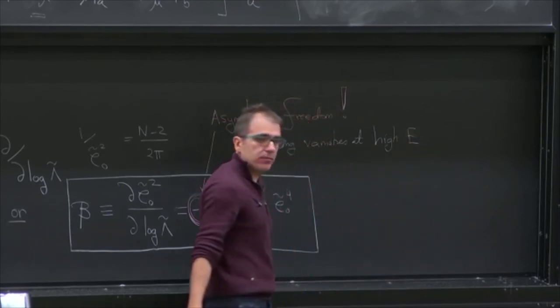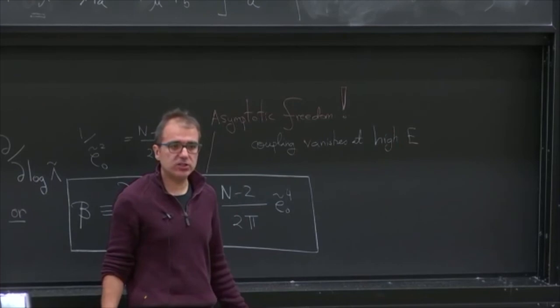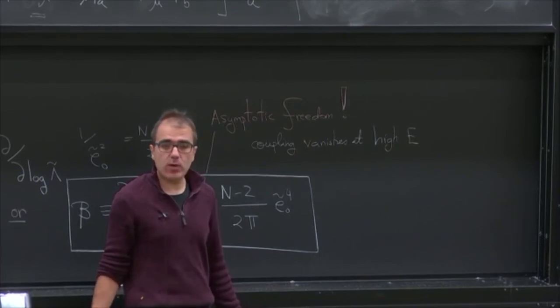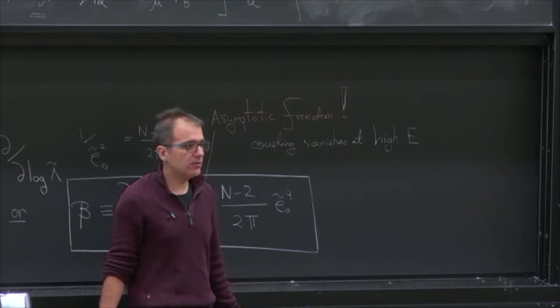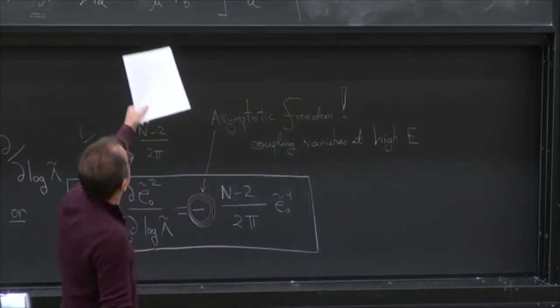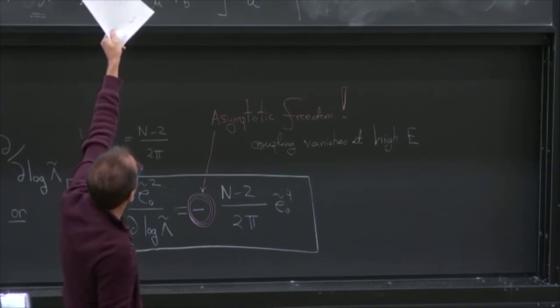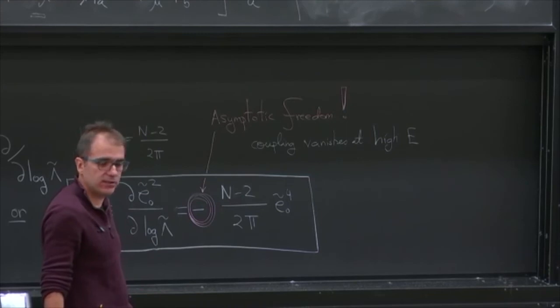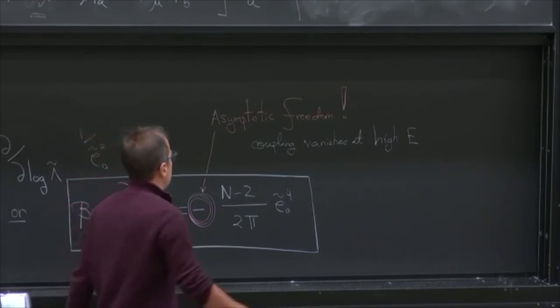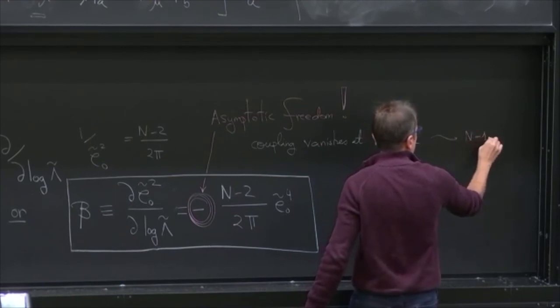That's the freedom. You go to the UV and this coupling effectively vanishes. And that's why in the UV we go to n minus 1 free scalars. If the coupling goes to 0, after you rescale pi, it means that all these vertices you can ignore and you go to n minus 1 free scalars. So now we know that we get n minus 1 free scalars in the UV.